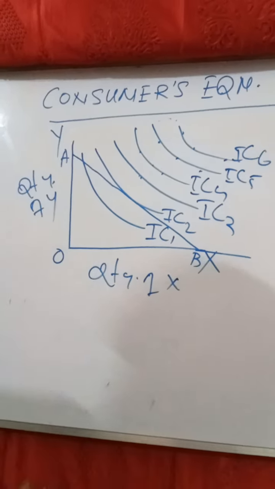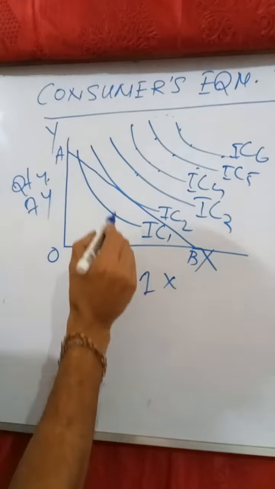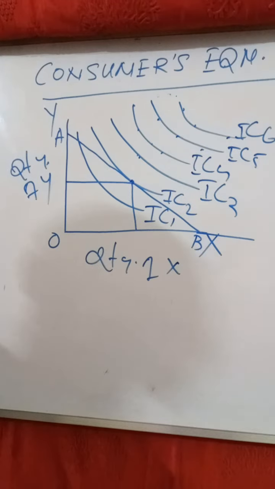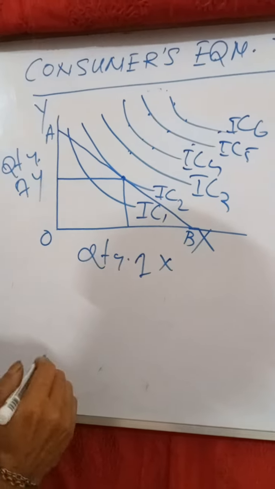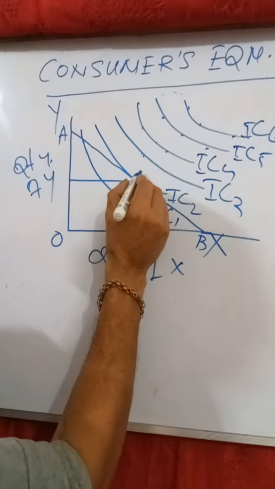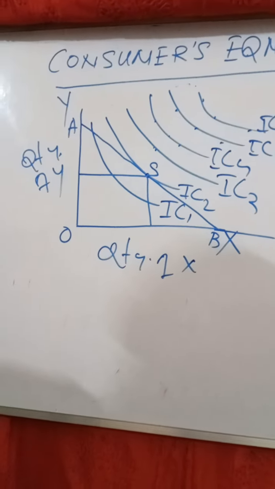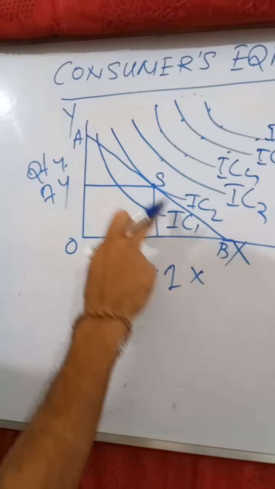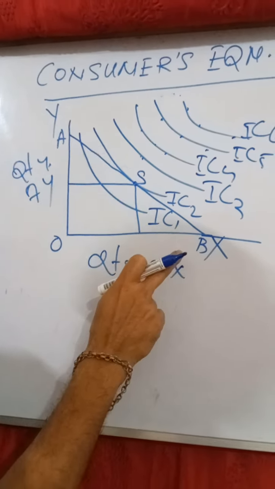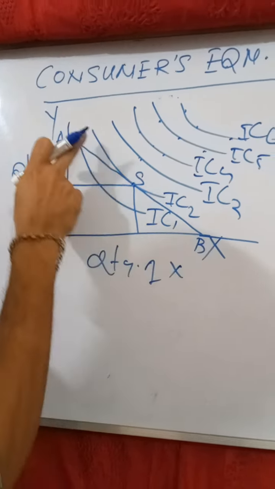Now you see, the AB, that is the price line, is tangent to IC2 at this point. IC2 is tangent to the price line AB at this point, say S. So S is a point on the budget line AB as well as on the indifference curve IC2.